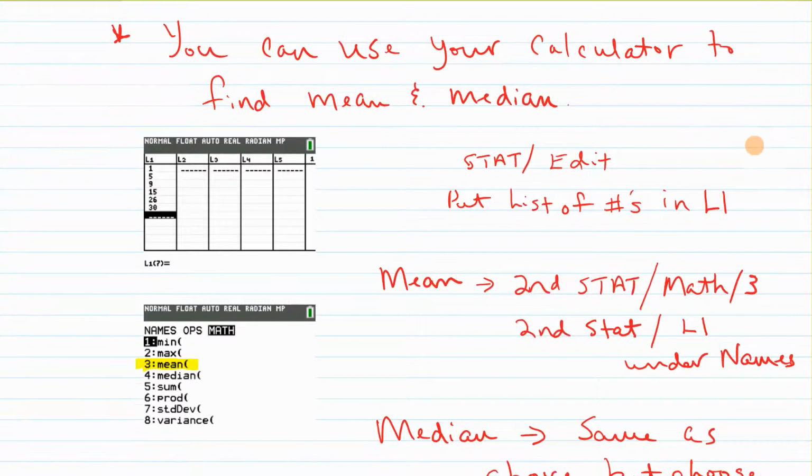You can use your calculator to find the mean and the median. If you put your list of numbers in L1 or L2, then to find the mean, you go to Second, Stat, Math, and the third option is Mean, and then Second, Stat, L1 under Names.